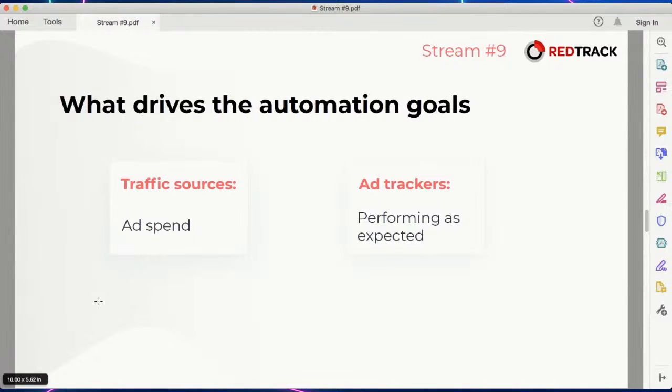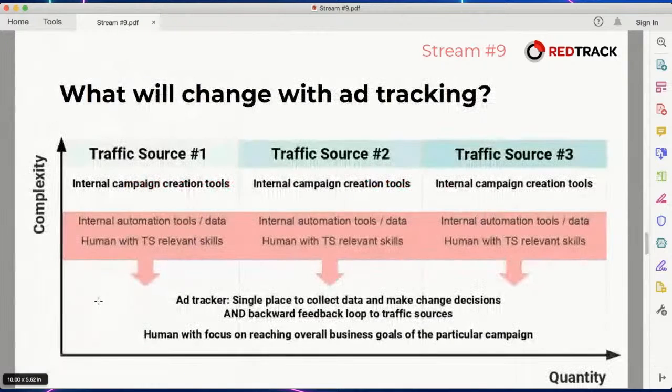Whatever a particular traffic source says, you see a holistic view of all your performance with a tracker. When there is consistent data across all traffic sources in one place, you can make quality decisions that are not biased toward a particular traffic source, but uniform across all sources that drive your traffic.